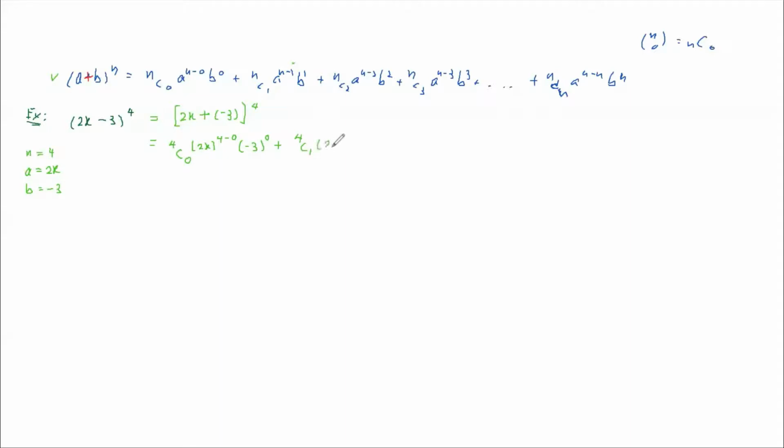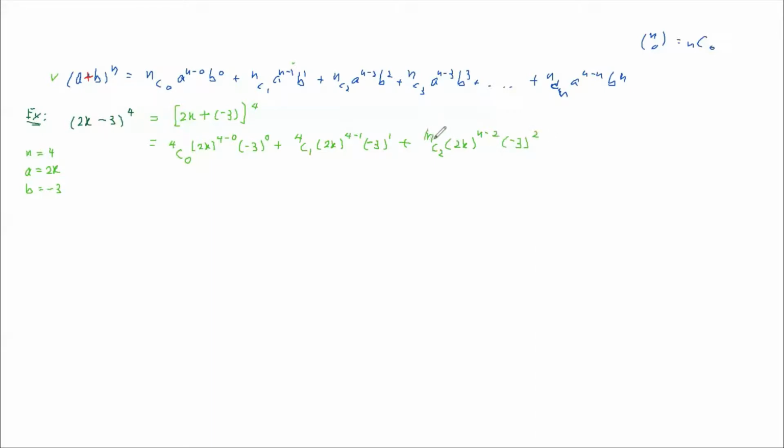Then A is 2x, power 4 minus 1, and B is negative 3, power 1. Then plus the third term, 4C2, 2x, power 4 minus 2, and then B is negative 3, power 2.